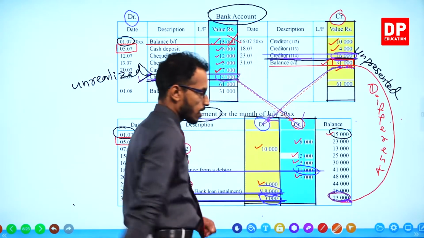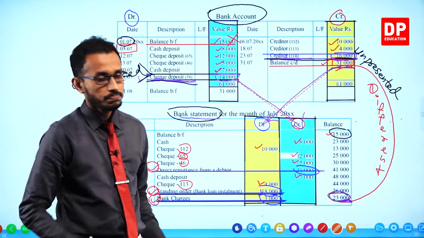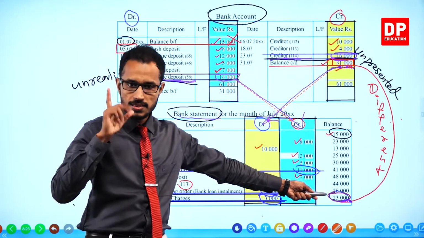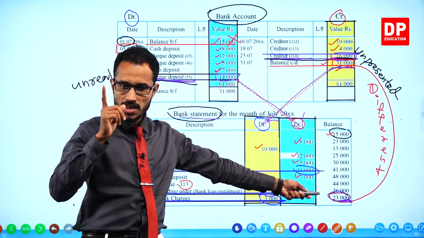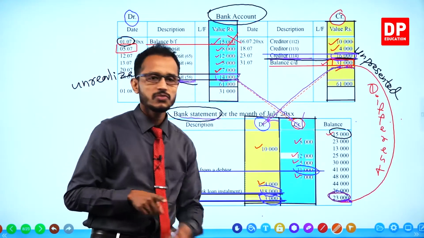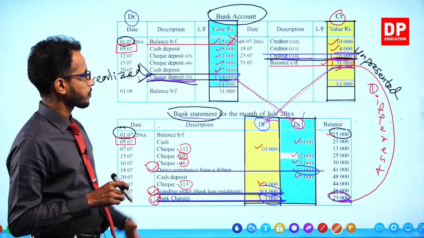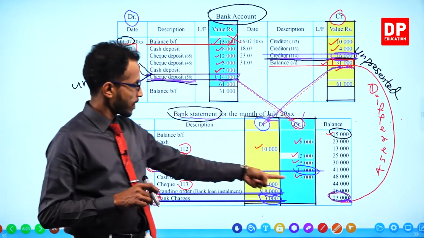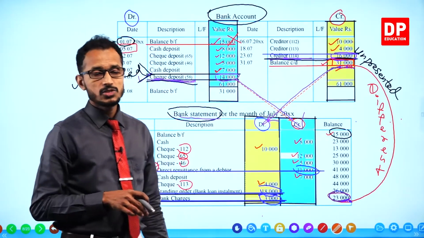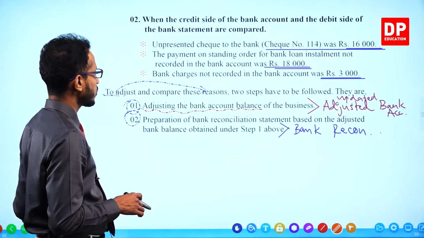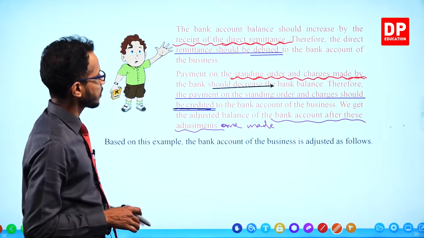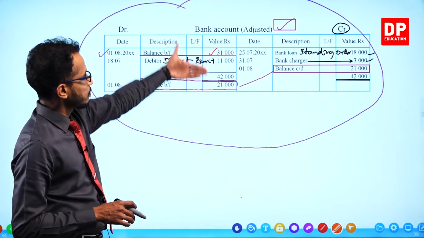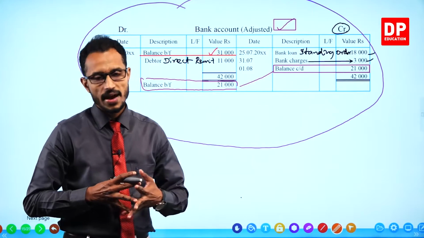We have to make that bank account balance agree with the final balance of the statement. That is why I said it is not yet done. This is only the first part which is done. Preparing the adjusted bank account.